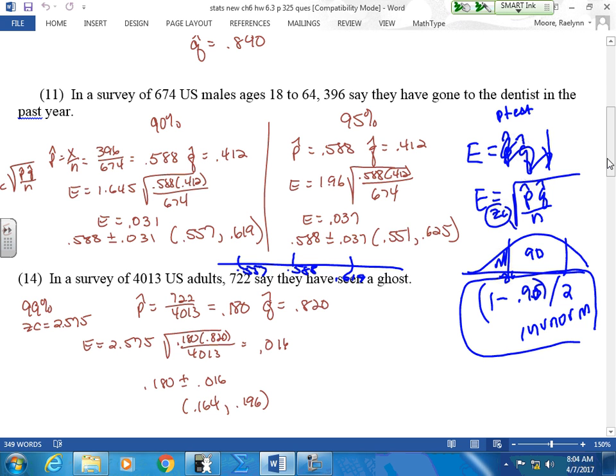My other one says 551, which is over here, to 625. So the same rule holds. As the confidence level goes up, my confidence interval gets wider. Give me a little bit more wiggle room to be more confident.